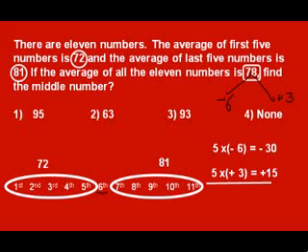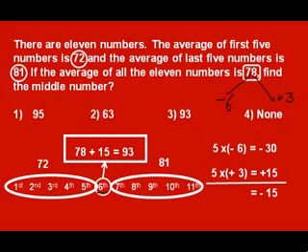Calculating the total deviation, it comes out to be negative 15. Now since the total deviation has to be 0, the sixth number must be giving a deviation of positive 15 in order for 78 to be the average. So since it's giving a deviation of positive 15, this number would be 78 plus 15, that is 93. Hence 93 is the middle number.